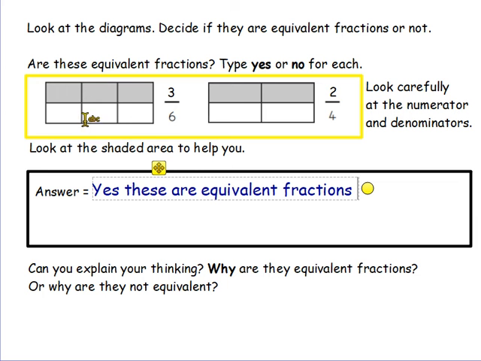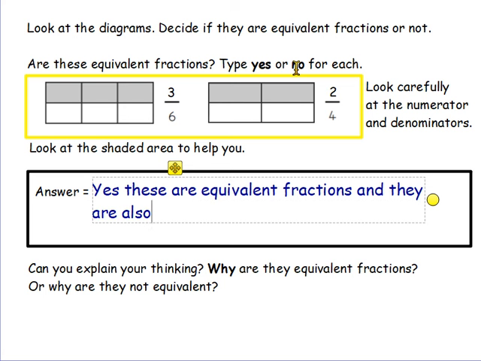And if you ignored these vertical lines going down, you'd see that it is the same amount that is shaded. So yes, these are equivalent fractions, and they are also equivalent to 1/2.